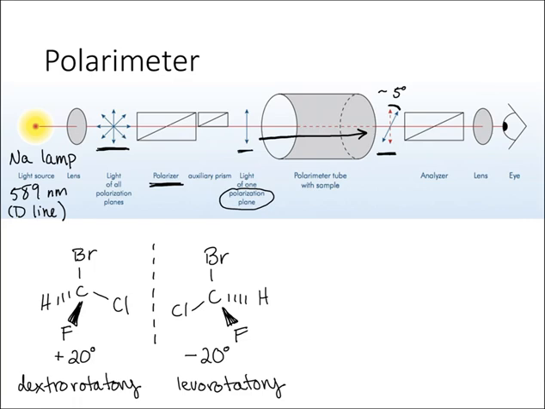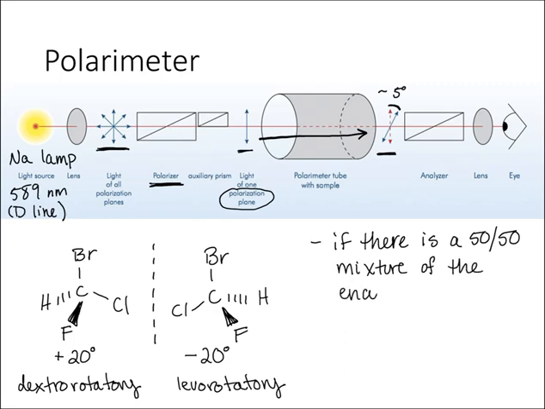Now, let's say we have a 50-50 mixture of both of these enantiomers. So we have equal amounts. Then what would happen? Any guesses?